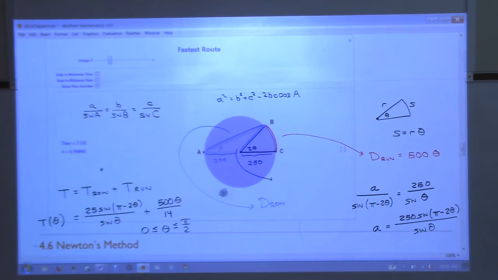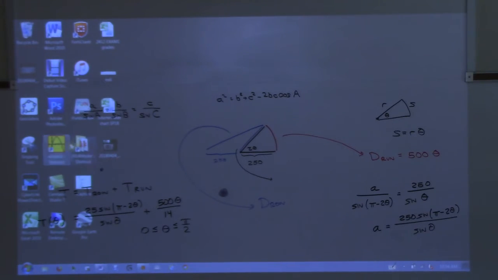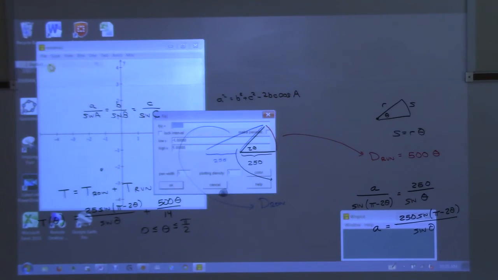Instead, what I'm going to do is graph it. And to graph it, I'm actually not going to use Desmos. I'm going to use something else, a more archaic program called WinPlot. The reason I'm using WinPlot is because it will find the maxes and mins easily.